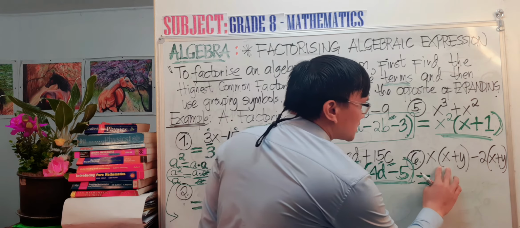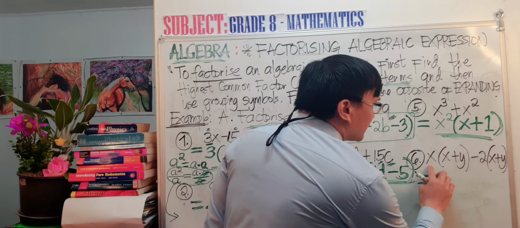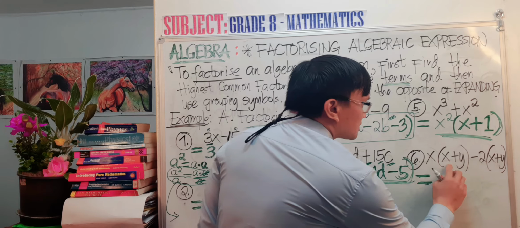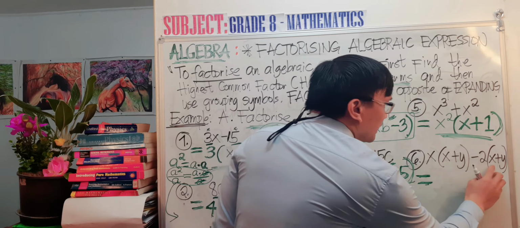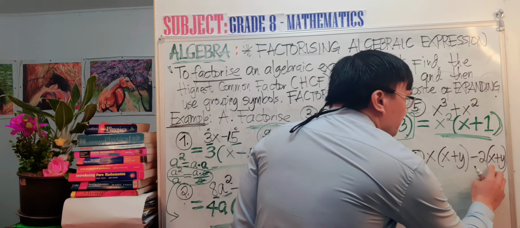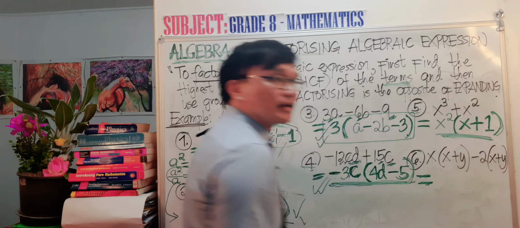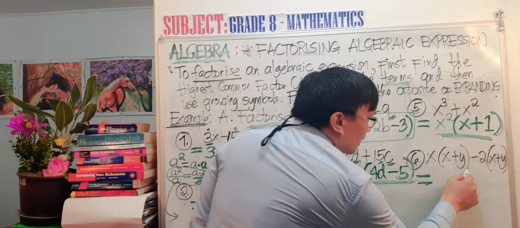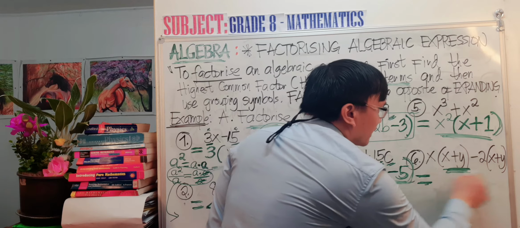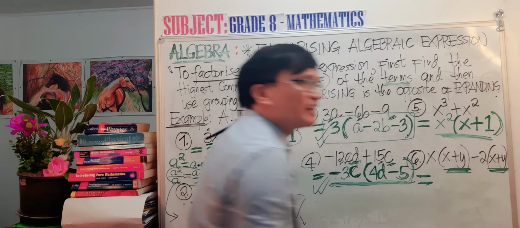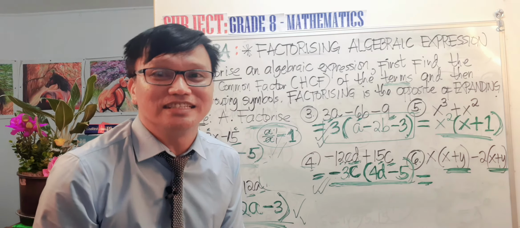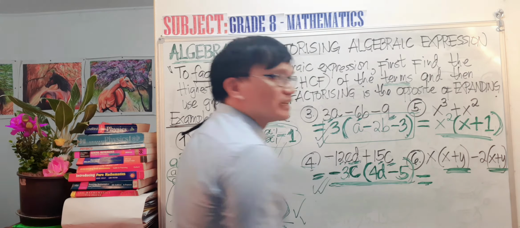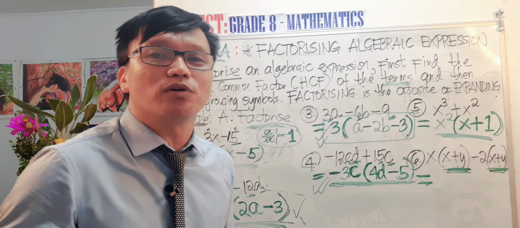So this expression, we have x, and then it is actually already factorized. x, and then x plus y, and then x plus y, the negative 2 times x plus y. So this one, x plus y, and x plus y on the other side, they are the same. This one is already one step before we get our final answer.